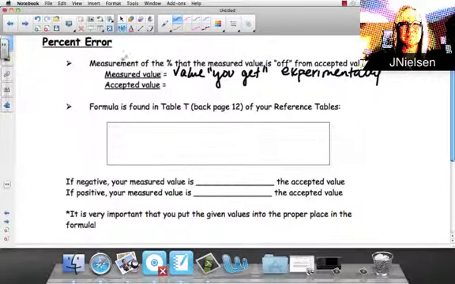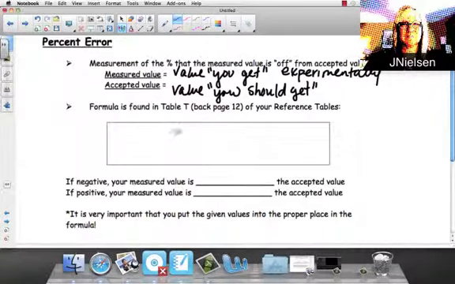Sometimes the measured value is called the experimental value. The accepted value is the value you should get. This formula is also found on the back in Table T, exactly in the same spot as the density formula.